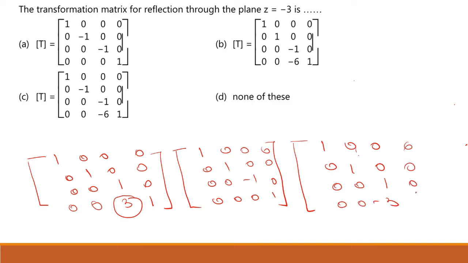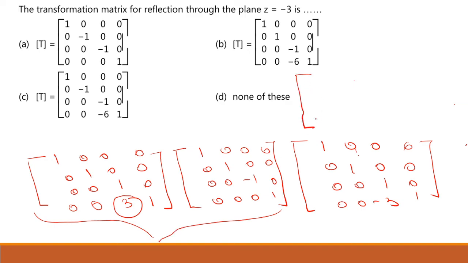Just multiply all these matrices and that will give the resultant matrix. Let us see what the multiplication will be. First of all, I will multiply the first 2 matrices. Let us do the multiplication of these 2 and see what happens.